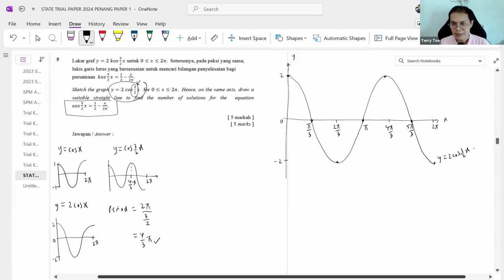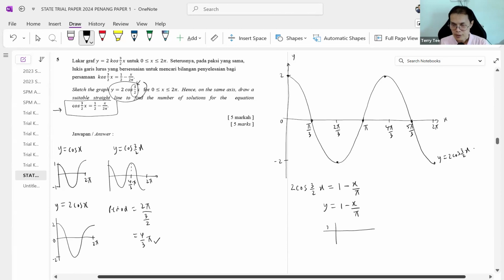Another side will be my straight line. So starting from this equation that I have, I'm going to multiply everybody by 2. When I times 2, I get 2 cos 3 over 2 x. 1 over 2 times 2, I get 1. This is x over pi. So your suitable equation of straight line is 1 minus x over pi.